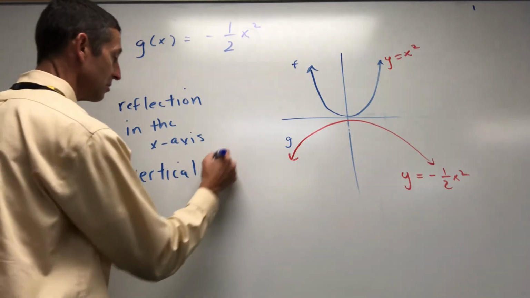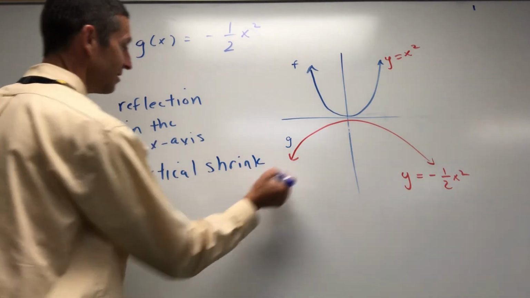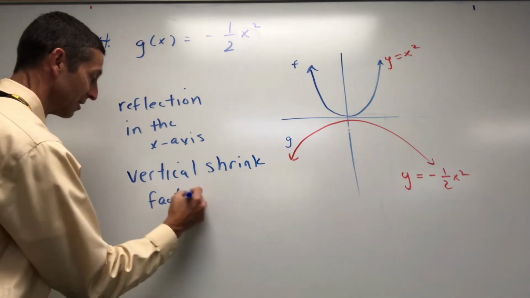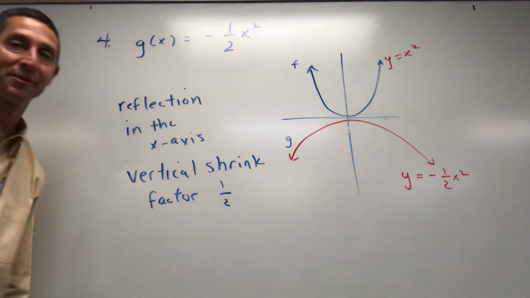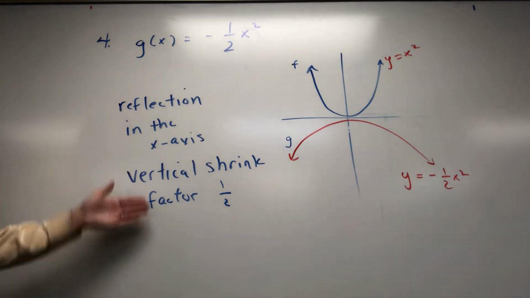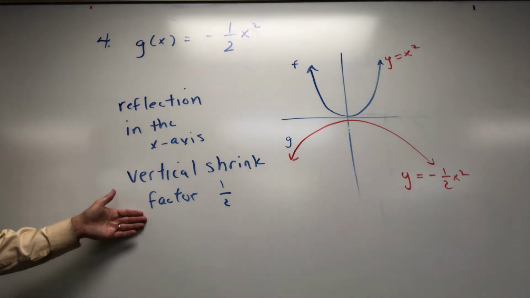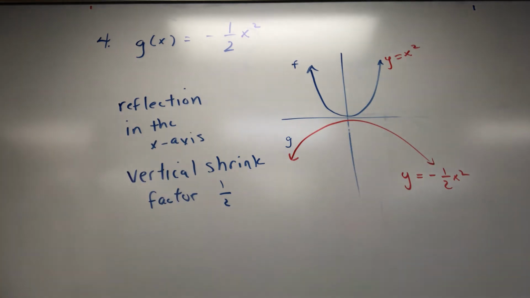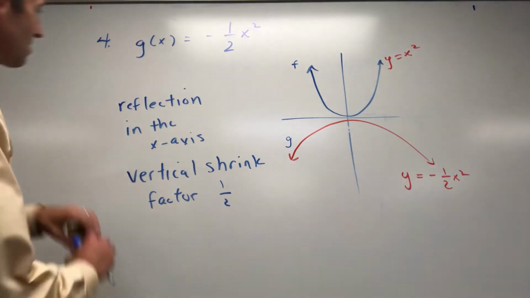So this is also a vertical shrink. And then the fancy way to say this is with a factor of 1/2. So this covers the negative sign, this covers the 1/2. We graphed it, parent function, labeled it, described it. We're good at this. Let's do another one.